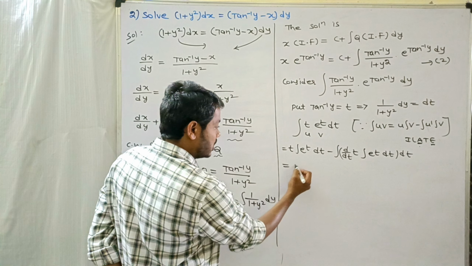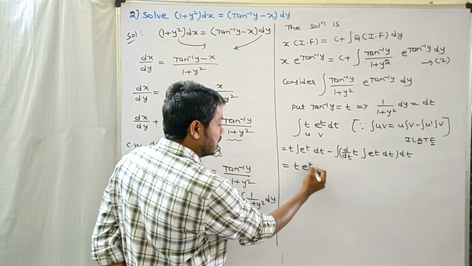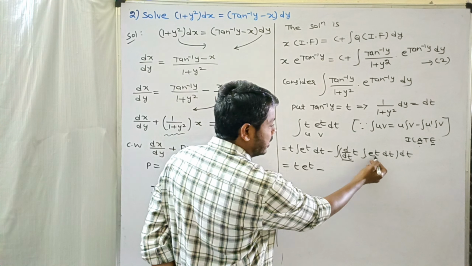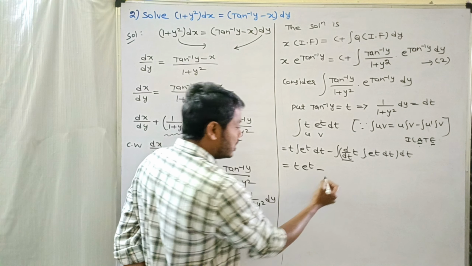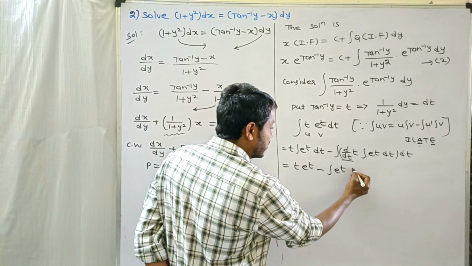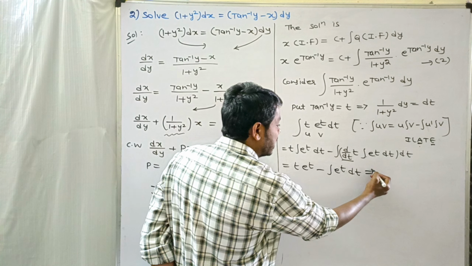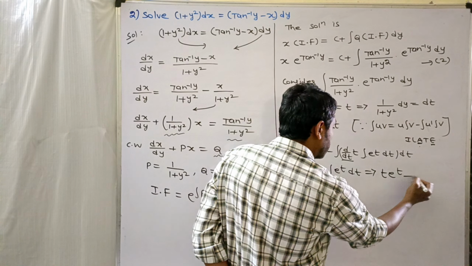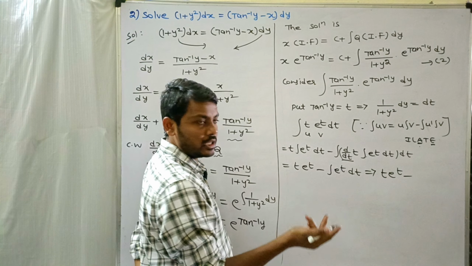So it is t into e power t minus the derivative of t, which is 1, times integral e power t. Again, t e power t minus integral e power t, that is e power t.